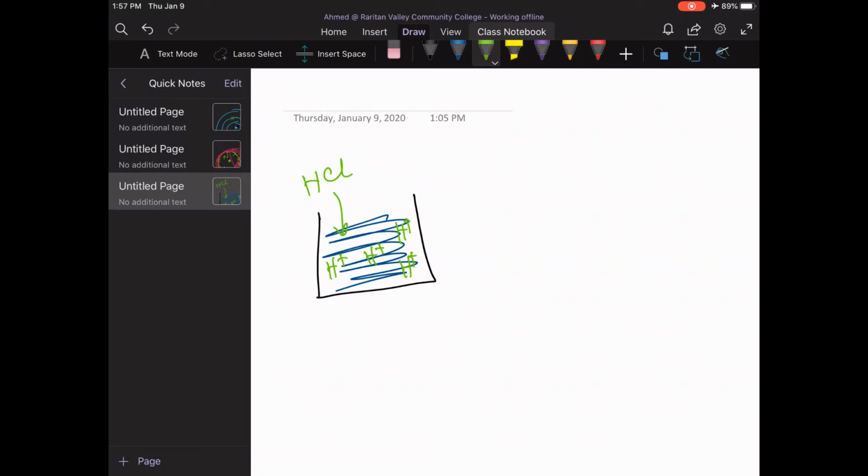Now let's add NaOH to this cup. Remember, NaOH will break into sodium ions and the OH, the hydroxyl group.